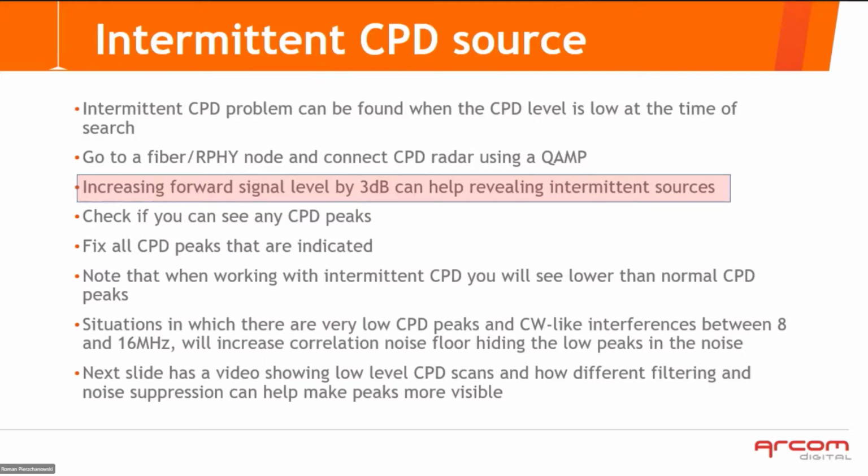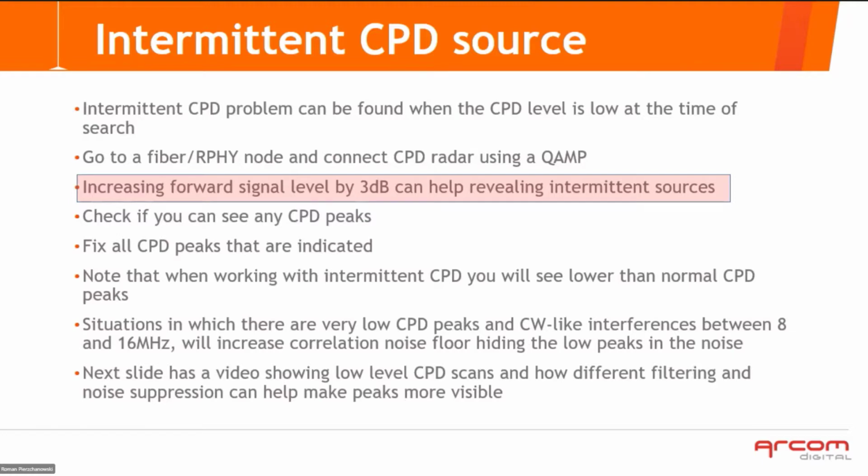It's to increase the forward, the downstream level at the fiber node or the RFI node by 3 dB. This will reveal these intermittent sources. In the nodes fed by RFI, you will have higher signal levels and there the CPD sources will reveal themselves automatically much better.